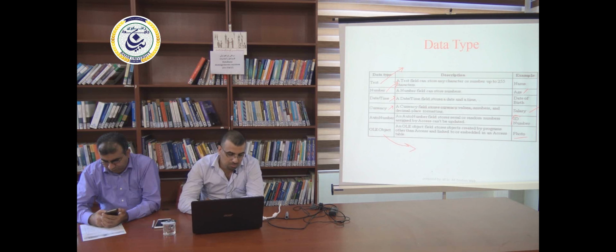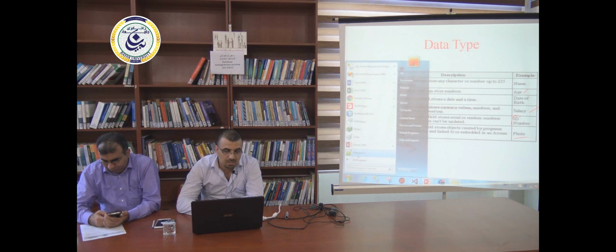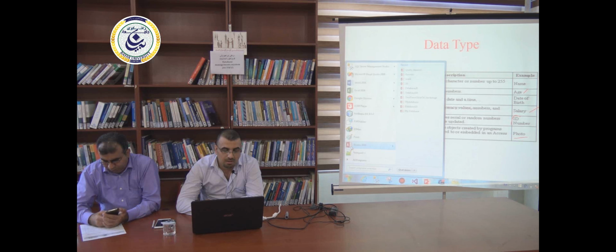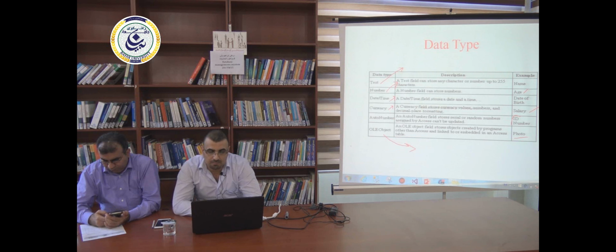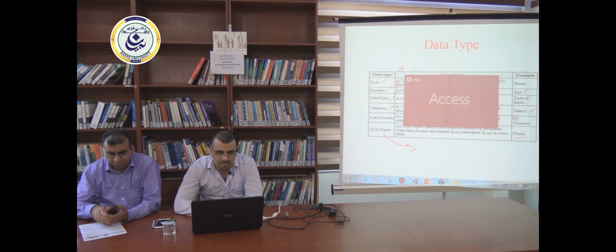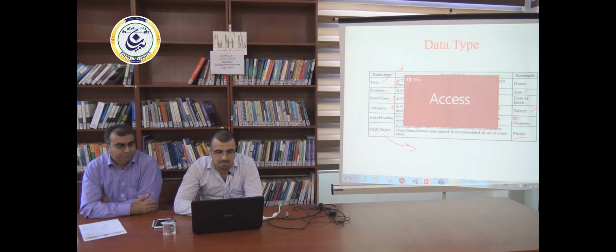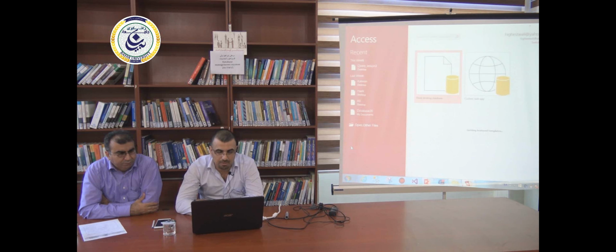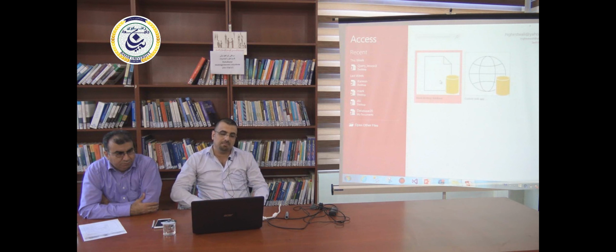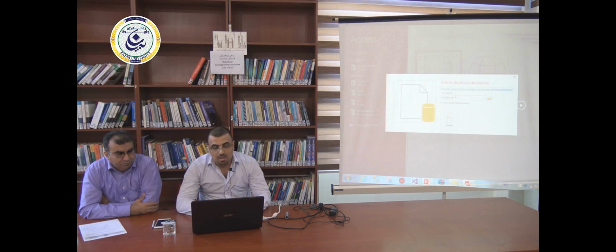Now I will show you the basic way to create a very simple database using Microsoft Access as a DBMS. First of all, we have to open the program Microsoft Access. Then we will select blank desktop database, because we will create a blank database.